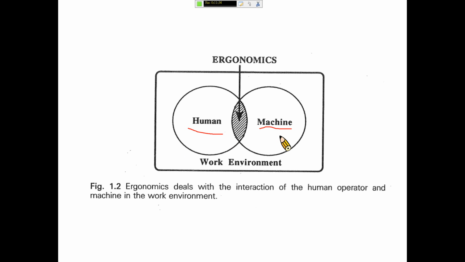Machines here refer to general machines, tools, methods, workplace. So we study the interaction between human and the machines, and also because human plus machine are under the work environment.